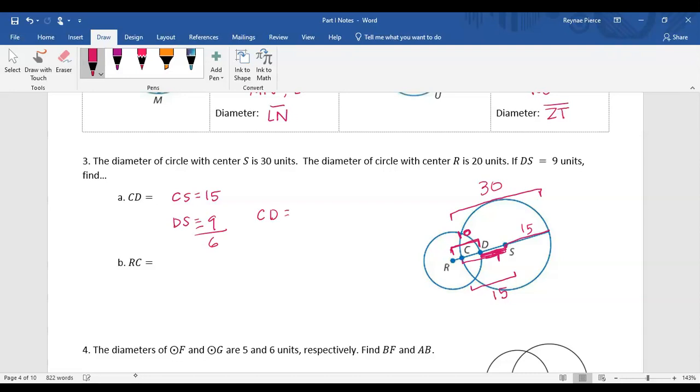That's going to get me CD to be 6 units. Okay. Now, for RC, I know the radius of that circle RD is 10. Okay, we found that part of that line, that whole line segment is 6. So again, I'm going to subtract to get the length of RC to be 4.